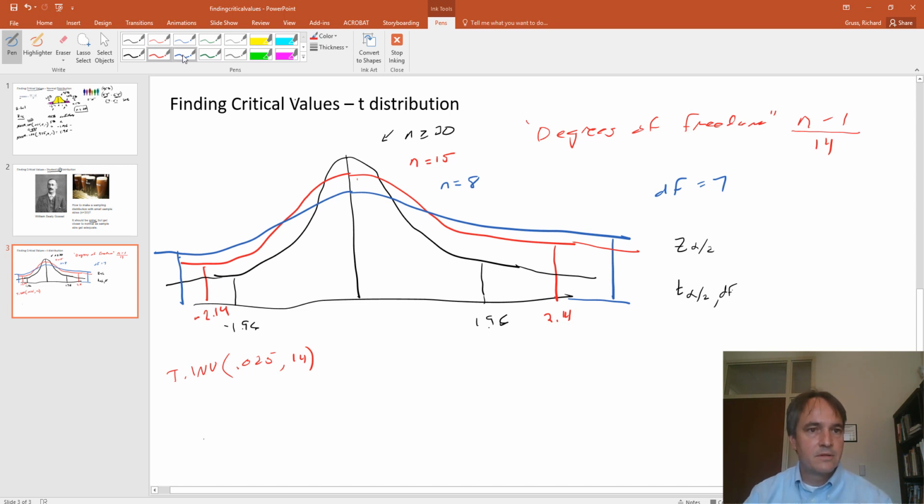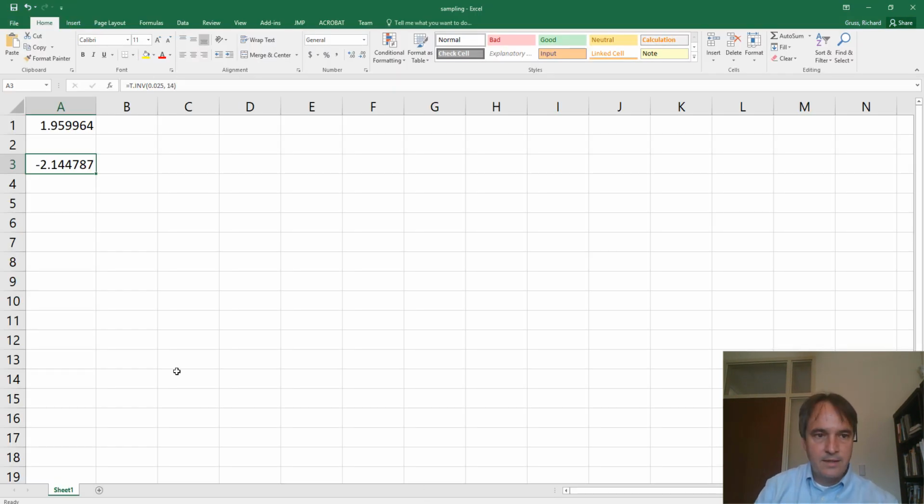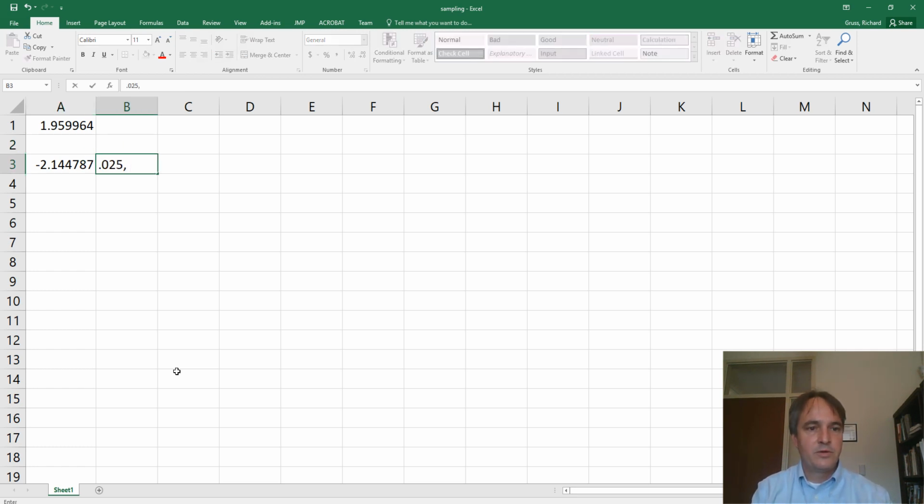Now let's do the blue one where we only had 8, so our degrees of freedom were 7. So come here to Excel again, and I'm going to just write down that this was 0.025 with degrees of freedom equal to 14. And so now we're doing 0.025 with degrees of freedom equal to 7.